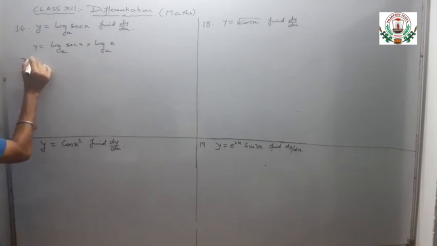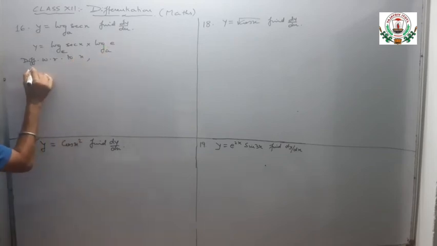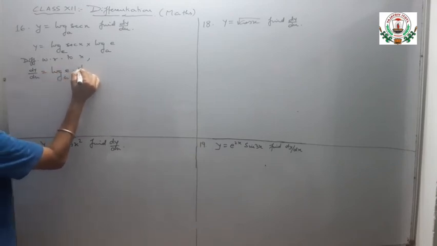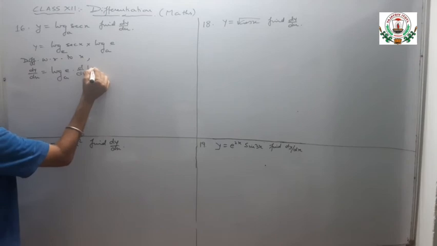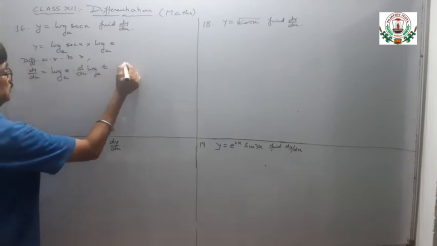Now differentiating with respect to x, this is constant. So dy by dx is equal to log e to the base a, d by dx of log t to the base e.